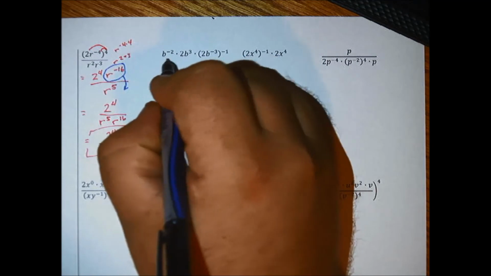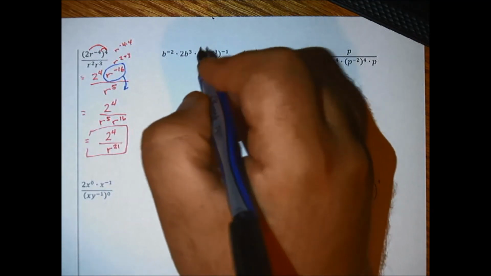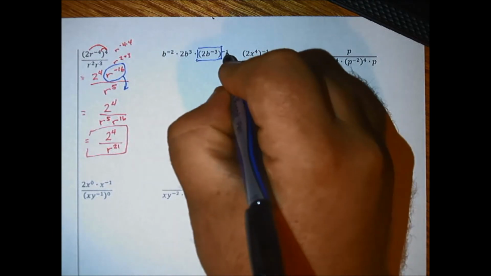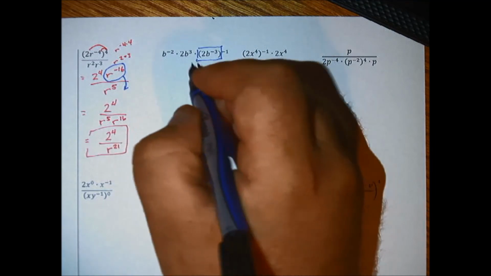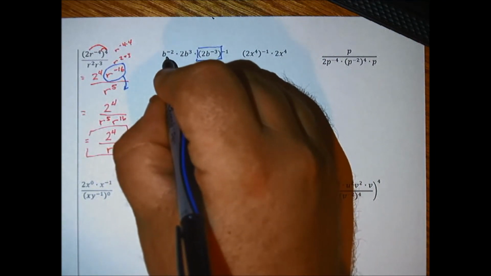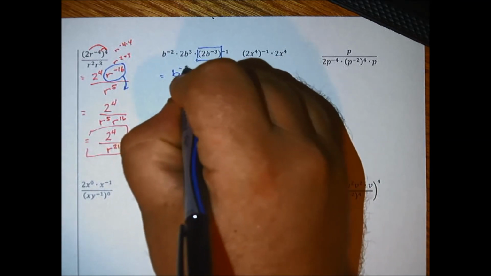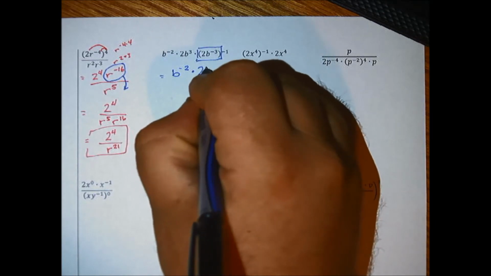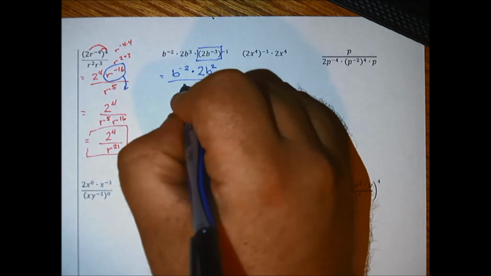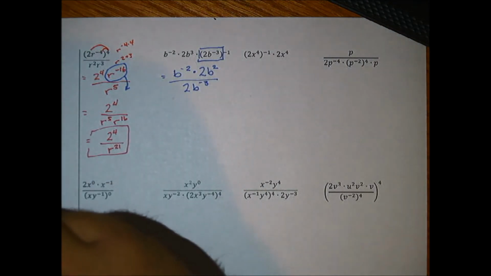Actually, my first thing is I know this entire piece is raised to the negative 1 power, so I'm going to put it in the denominator. This one's a pretty tough problem to keep a good strategy on. So that whole thing goes into the denominator. So we have 2b to the negative 3.